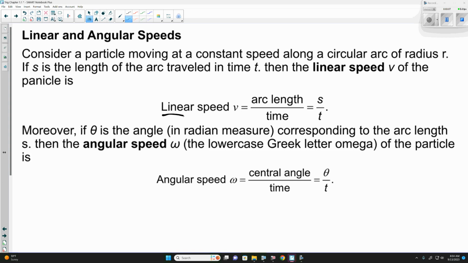Consider a particle moving at a constant speed along a circular arc of radius r. If s is the length the arc is traveling in time, then the linear speed v of the particle is given by this here. Or we can talk about it in terms of a tire, because linear speed is going to be as it's moving around the circle in a linear motion.